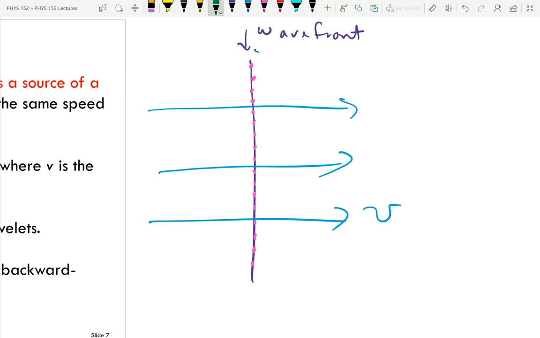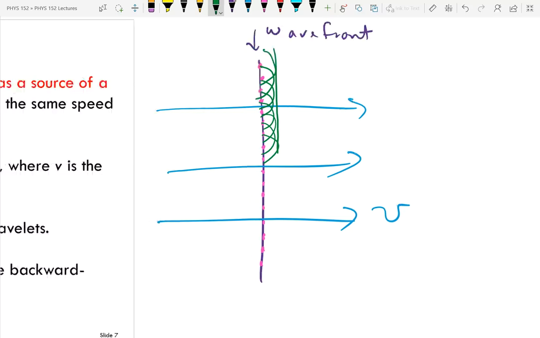And so here's a wavefront, here's a wavefront, here's a wavefront, here's a wavefront. So I'd have like that. And if I add all of those wavefronts together, now that's kind of a hard problem to add them all together. What I'm going to get is a new wavefront that is parallel if I have a plane wave.